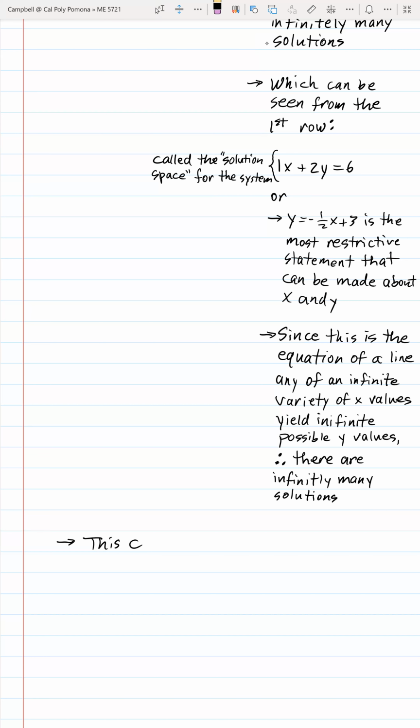So here I'll say that typically when we have infinitely many solutions, we want to introduce parameters. I know I mentioned that at the very beginning of this lecture. So I'll say that this can be shown parametrically.